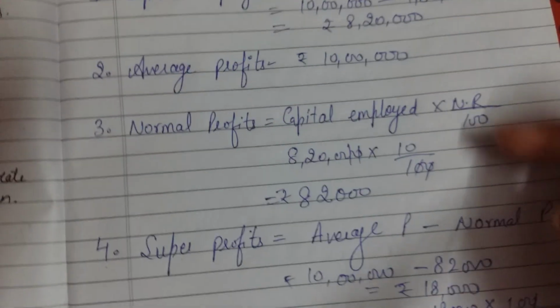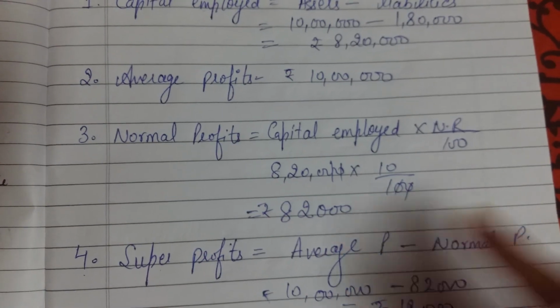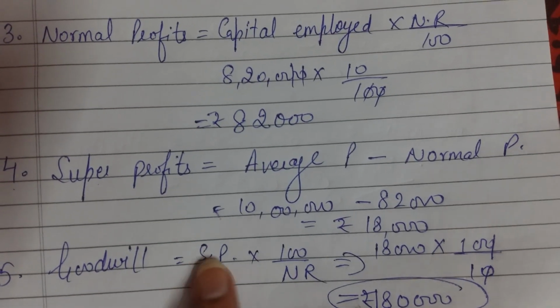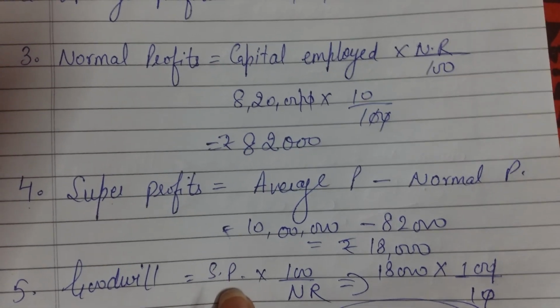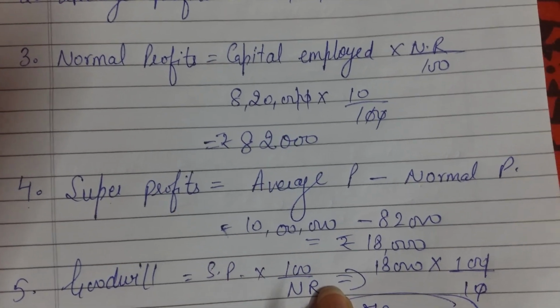Clear? These 4 steps are the common 4 steps to calculate the super profits, and the only change is to calculate the goodwill. Here the goodwill is super profits into 100 over normal rate.